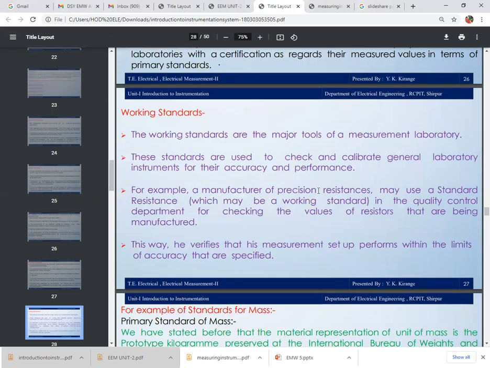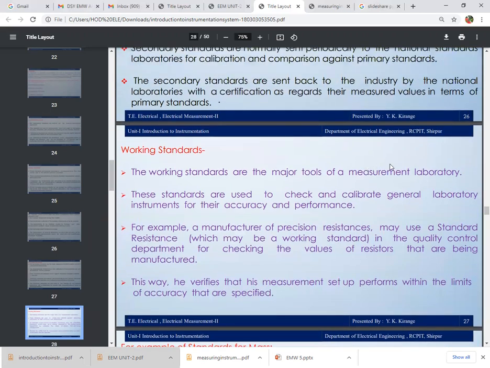That means the person who actually measures the variable quantity or its magnitude uses these standards. But these working standards do not have the same accuracy; they have low accuracy compared to the primary, secondary or international standards.